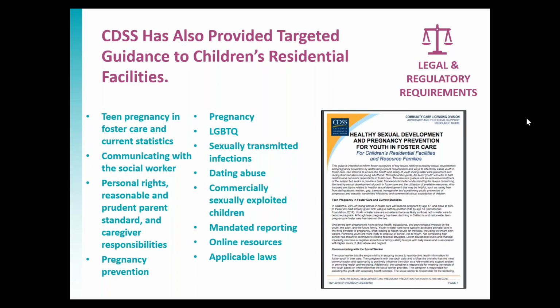This is specifically for STRTPs and other residential placements. The guidance includes case scenarios, frequently asked questions, and hits on all of the topics you see highlighted on this slide. Many of the cases in the STRTP trainings that have been described today come from this CDSS guidance.